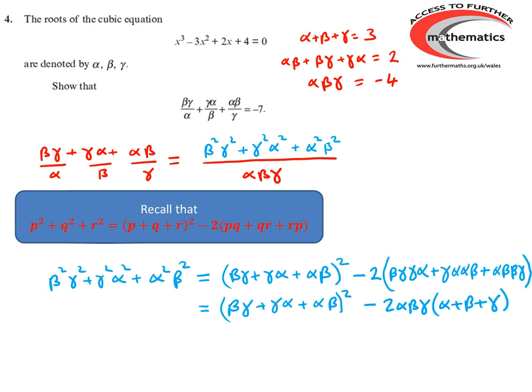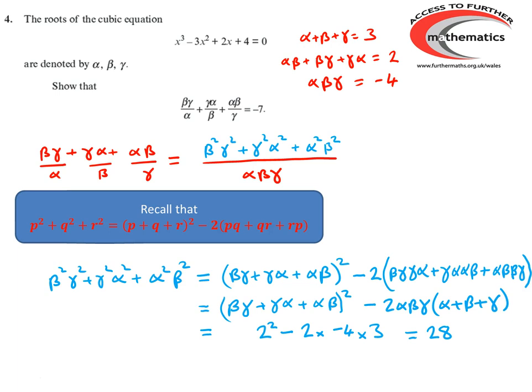So the second term can be tidied up as 2 alpha beta gamma times alpha plus beta plus gamma. We know that alpha beta plus beta gamma plus gamma alpha is equal to 2. So the first bit that we've got there is simply 2 squared. The second bit that we've got is 2 times alpha beta gamma, that's negative 4, times alpha plus beta plus gamma, which is 3. So 2 squared is 4, take away minus 24 gives me 28.